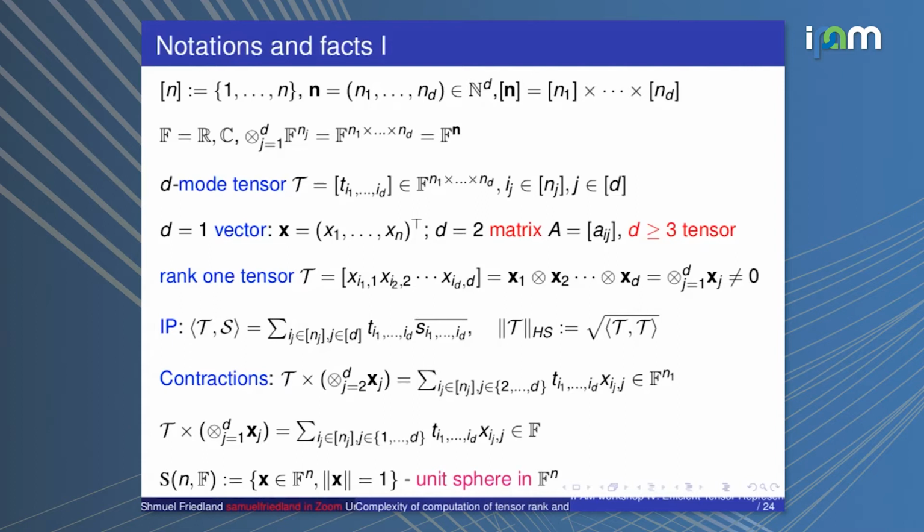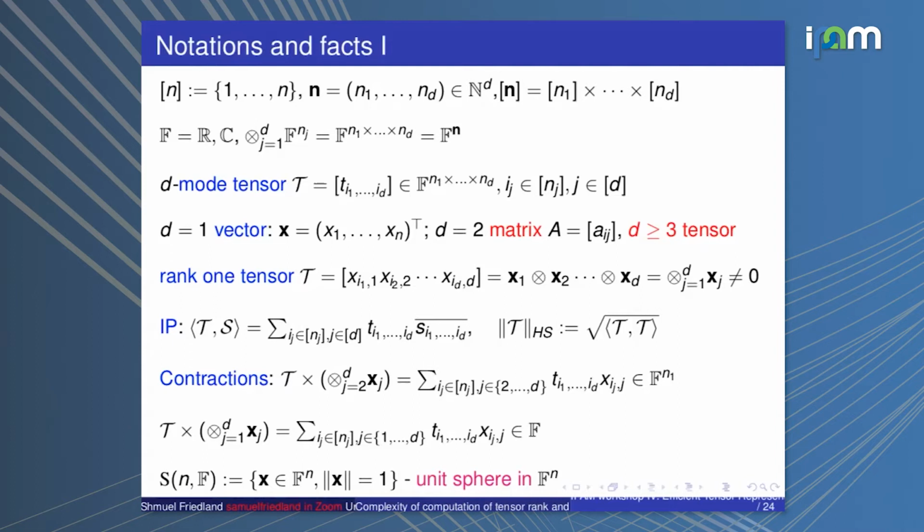A rank 1 tensor is just the outer product of d vectors, each of them different from 0. If I want to take the inner product over complex numbers, bracket T, S, you need to take a conjugate. So it's the sum of T i1 up to id times the conjugate of S i1 up to id. Then the Hilbert-Schmidt norm is the square root of the inner product of T with itself. Now, I will usually use a contraction.